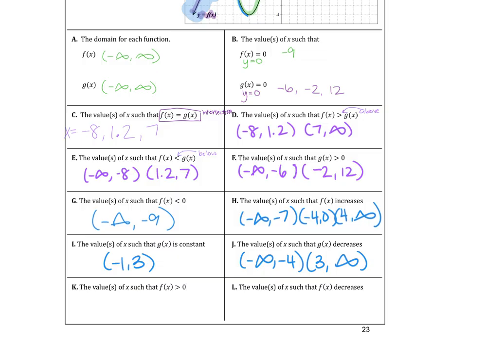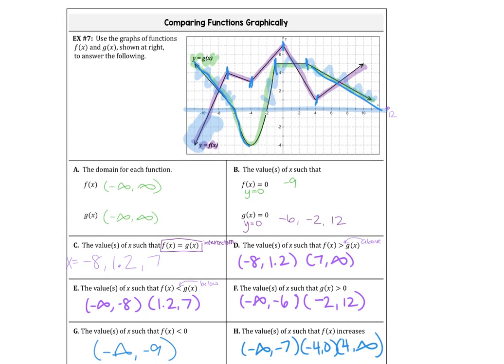The values of x such that f of x is greater than 0. So back to, okay, I'm going to erase it again because we got a lot happening again. Okay, so re-highlight my lines.